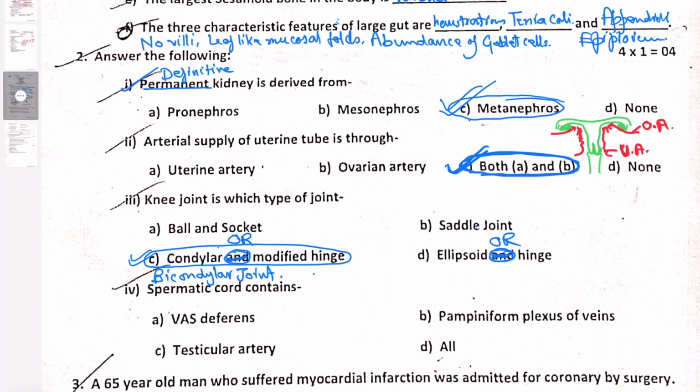So if you write modified hinge, what are you trying to do? You are trying to include the locking and unlocking, meaning medial and lateral rotation, right? If you include these rotatory movements, then first of all, it is out of the category of the hinge joints. So I think there was no need of writing it as modified hinge here. It's simply a bicondylar joint.